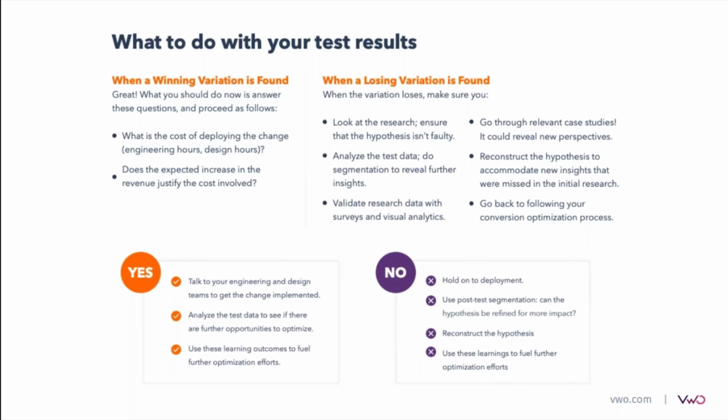You should definitely validate research data with qualitative surveys and visual analytics from your test behavior, and a number of these things which you really need to do when a losing variation is the one that you've come up with. Right, so it's important to know what to do with your test results.